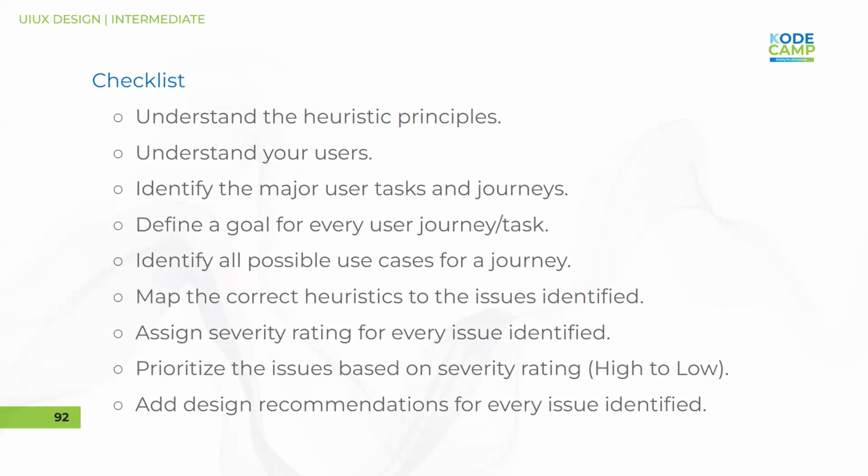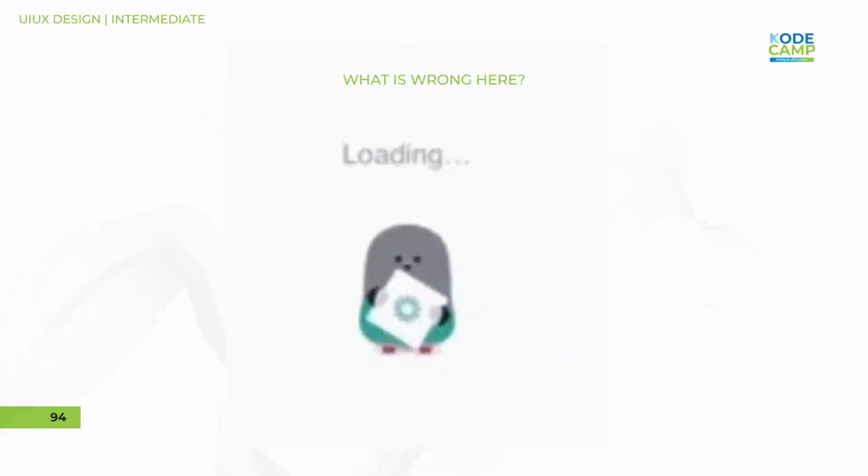You should also be able to assign a severity rating to each issue identified, and prioritize the issues based on severity rating, from high to low. And you should also be able to add a design recommendation for every issue identified after the end of this class.